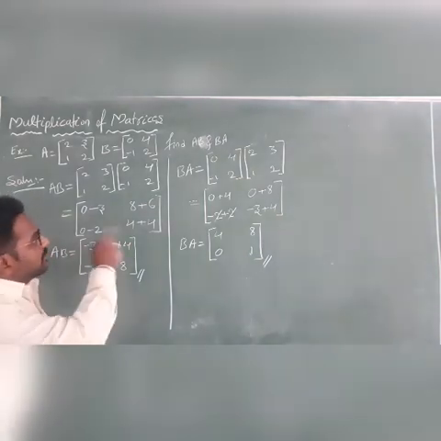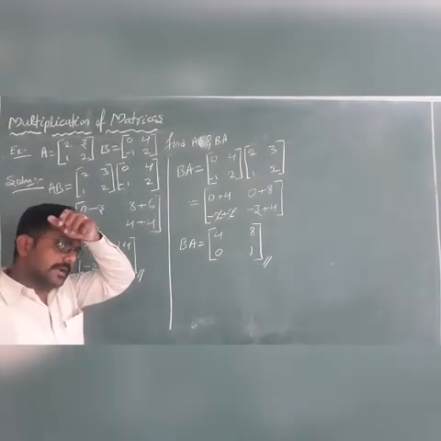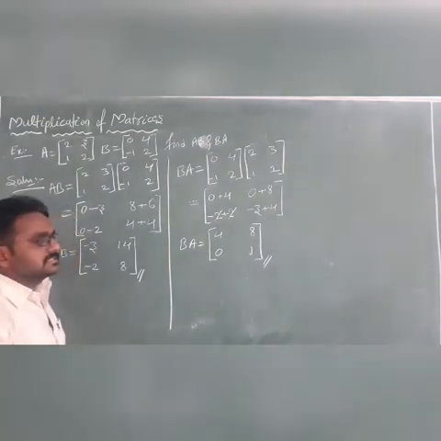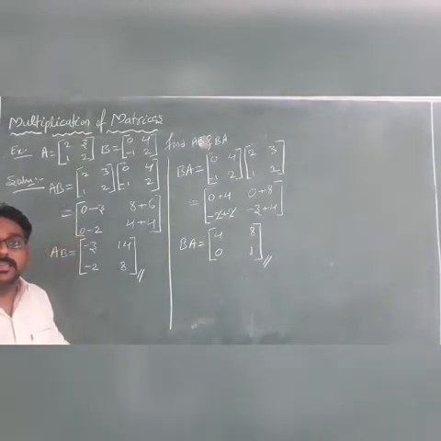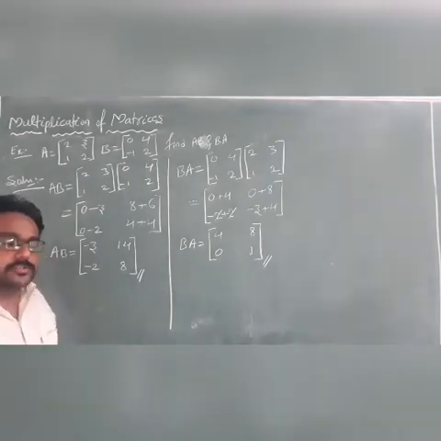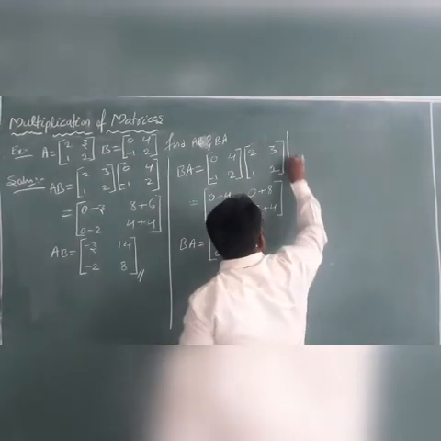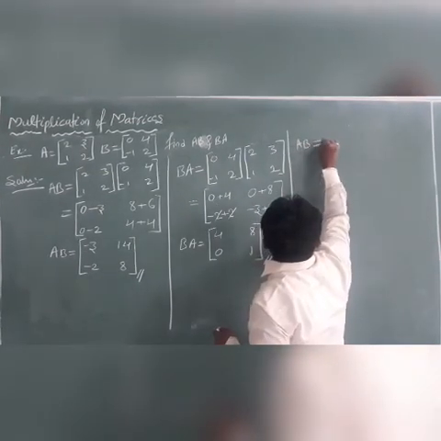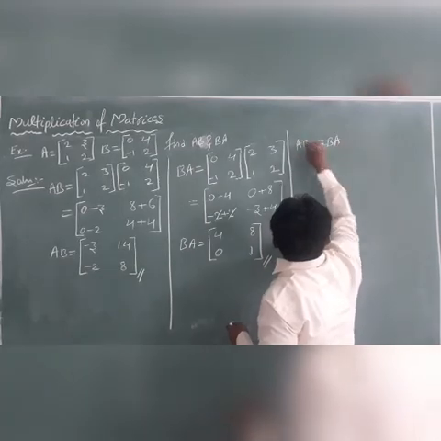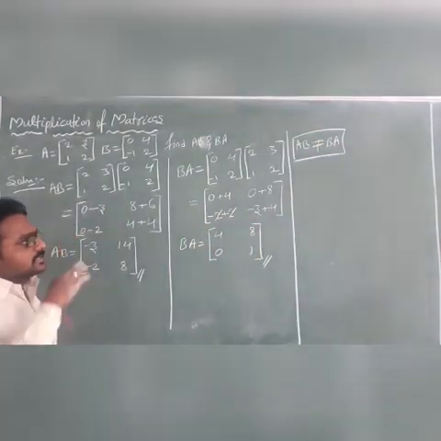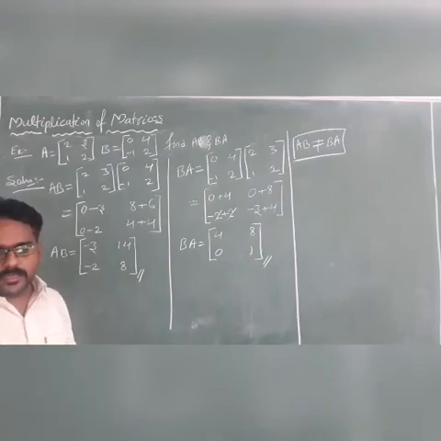So, even though the orders of the products AB and BA are the same, the entries will not be the same. And moreover, here also AB is not equal to BA. That is also something you have to observe. AB is not equal to BA. Even though AB and BA exist, they are not equal.